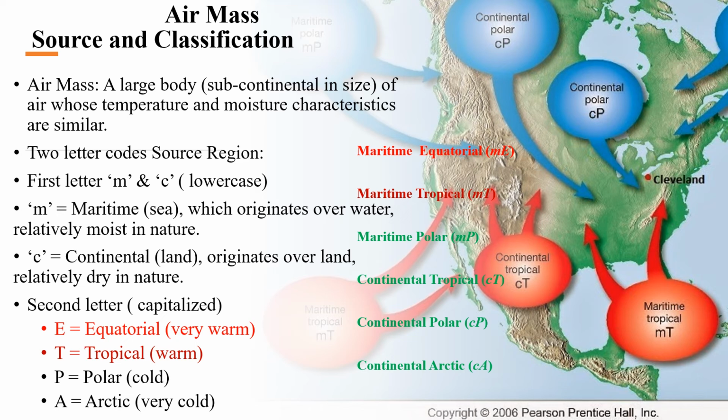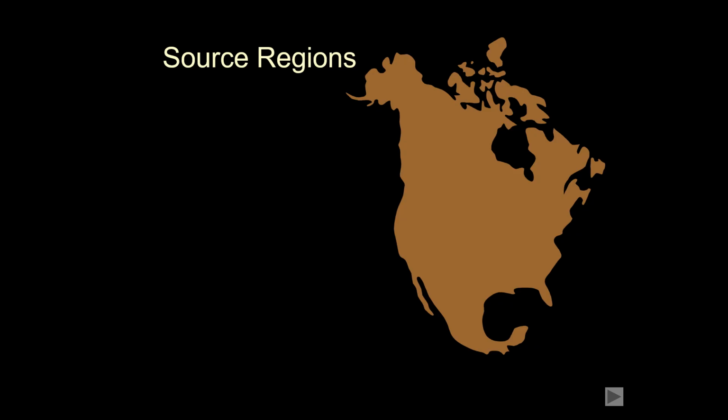In the United States you have these types of air mass: cP, cT, mP, and so on. Looking at the maritime mP air mass over here, let's see the next.